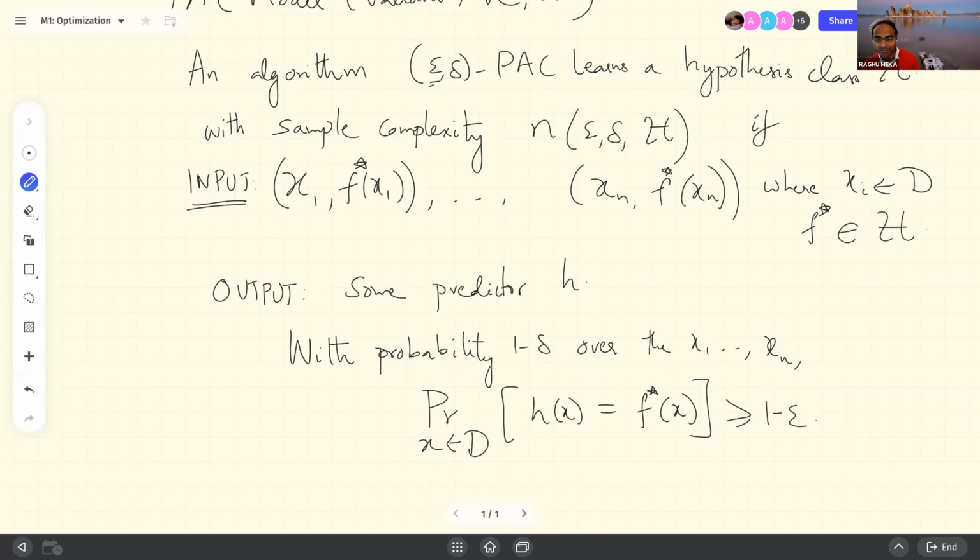So the algorithm is kind of random because the data set is random, right? And we're saying given this data set, which is generated from my underlying distribution, with high probability, except with this delta chance when I declare total failure, my prediction is 1 minus epsilon accurate on new potential examples.